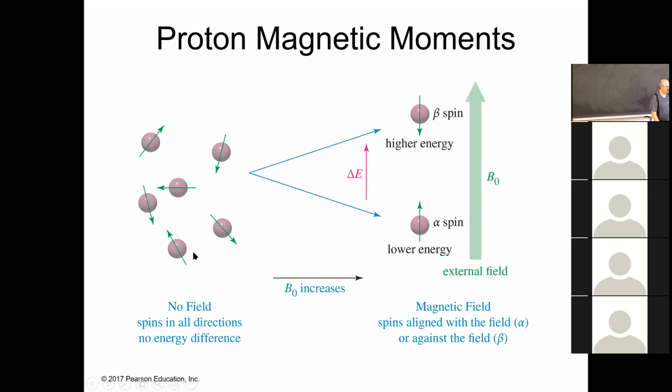In the absence of an external magnetic field, nuclei are oriented in all directions, and there's no energy difference among these. But when an external field is applied, then we have this separation into the alpha spin and beta spin states. What this indicates is that the higher the external field, the greater the separation in energy between these two spin states.